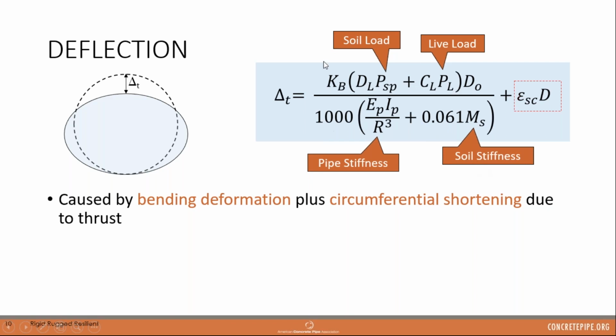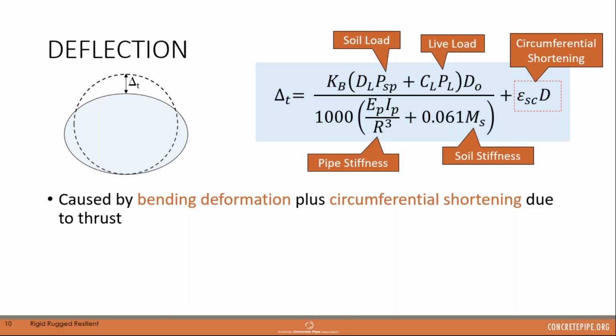Now, in addition to this bending deformation, which is this term here, we also need to factor in what's called circumferential shortening, and this epsilon S of C, which is the surface compressive strain due to thrust. So before we were looking at the ultimate compressive strain due to thrust, this is the surface load, and we need to calculate that.